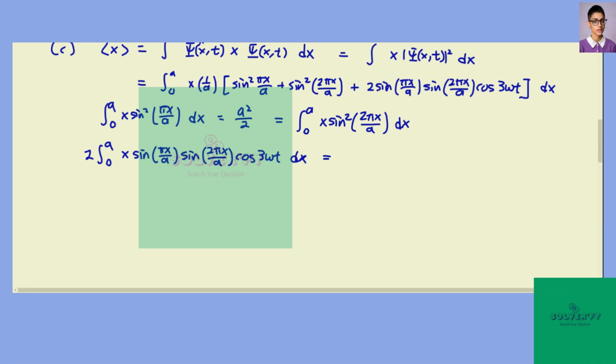So if you use Wolfram, we are going to get negative 8a square over 9 pi square, and then there's a 2 in front, and there's a cosine 3 omega t.